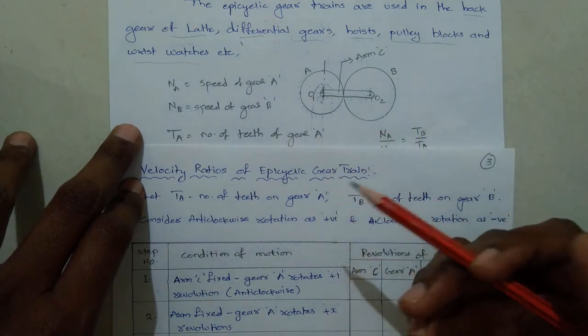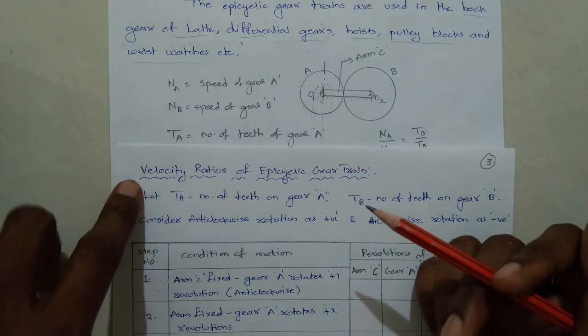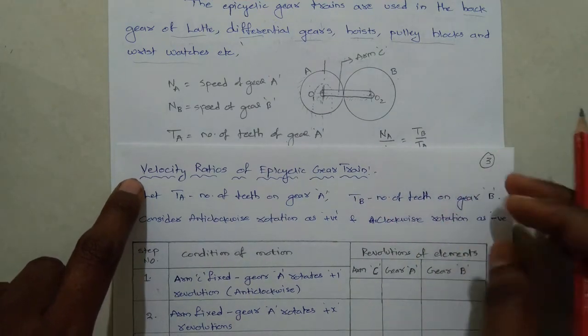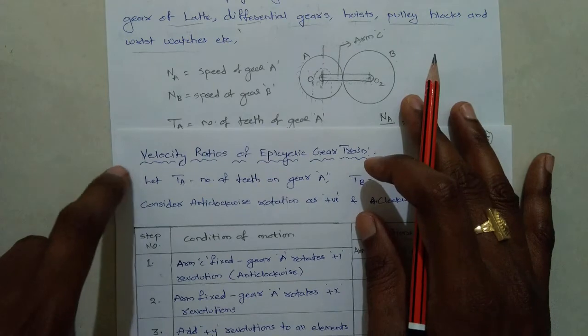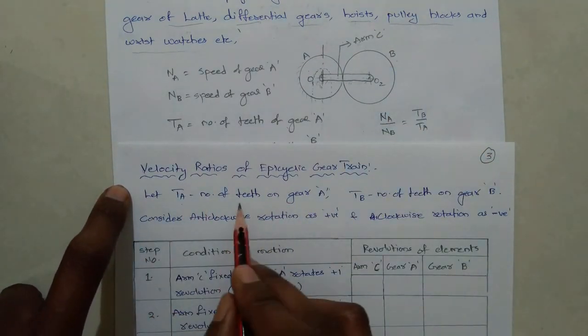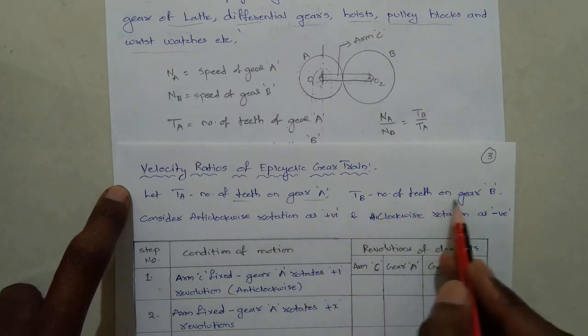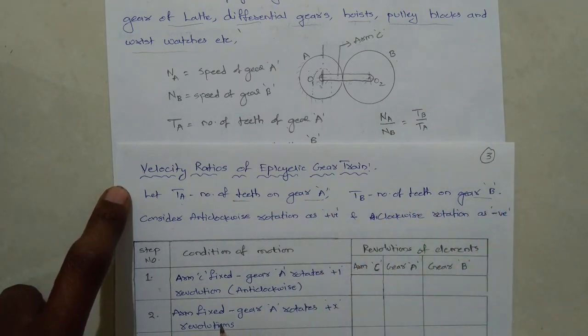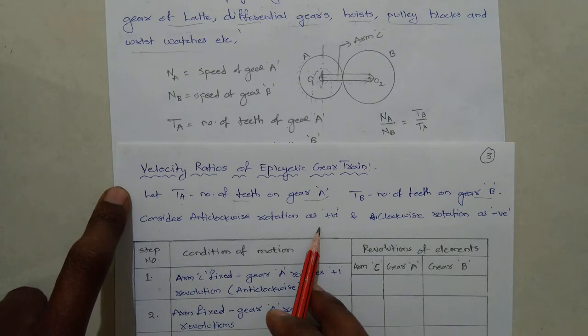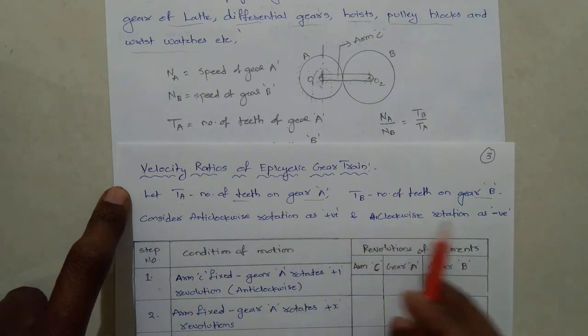So for identifying such things, we need to discuss a topic called velocity ratios of the epicyclic gear train. Now, I already told you, let TA be the number of teeth of gear A and TB the number of teeth of gear B. In this topic, you have to keep in mind to consider anti-clockwise rotation as positive and clockwise rotation as negative.